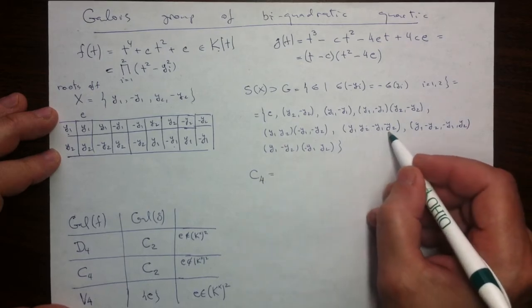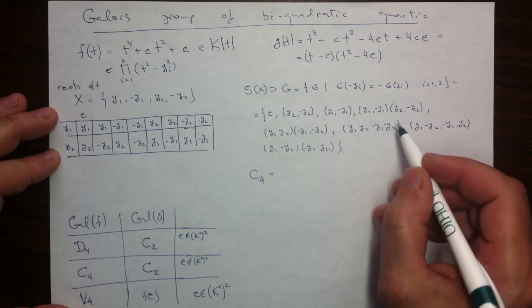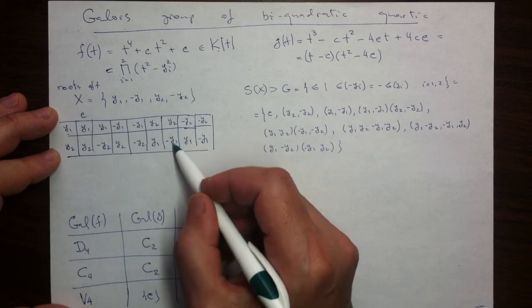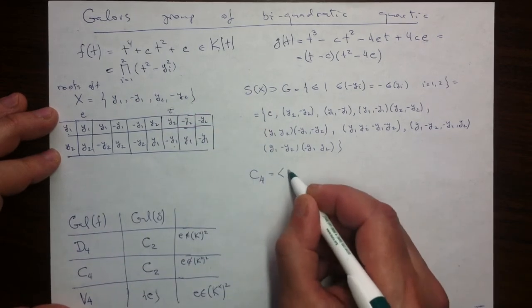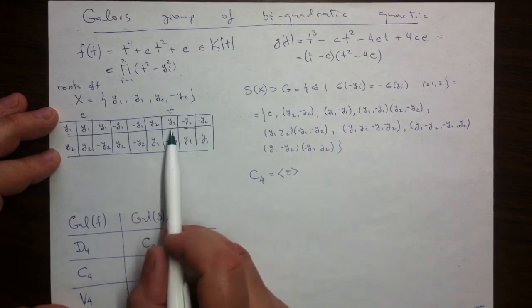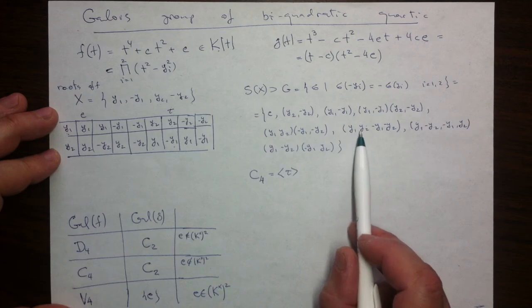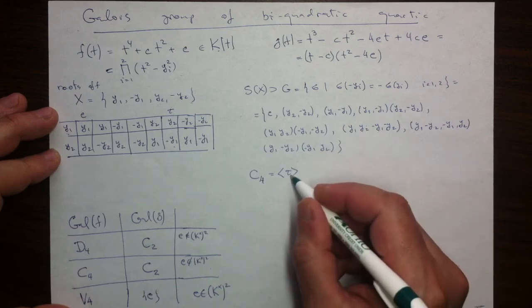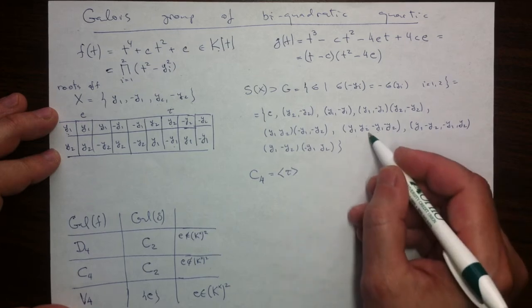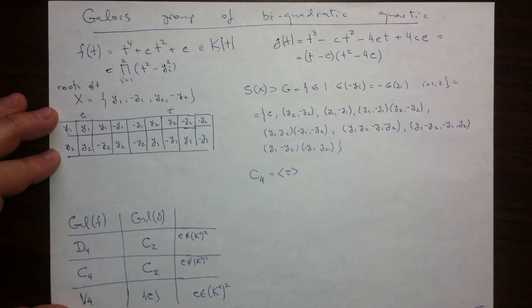If I call this permutation, which corresponds to this column, tau, then y1 goes to y2, y2 goes to negative y1, and that is it. So this four cycle will generate a cyclic group of order 4.